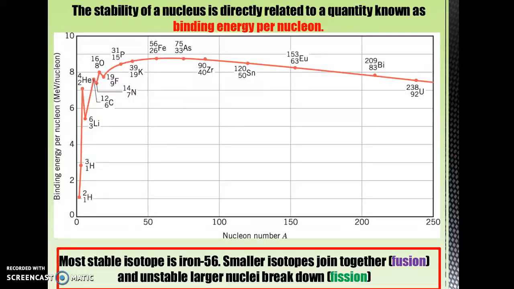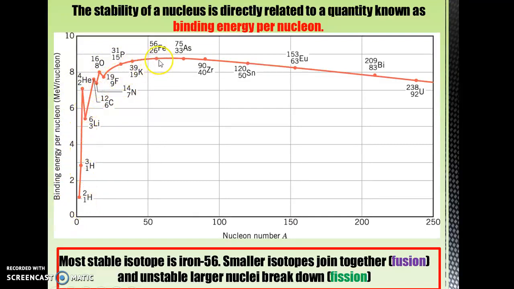But it's worth noting that on the periodic table, really heavy elements, or really heavy isotopes of elements, have a lower binding energy, and iron has the highest binding energy of all. And if you work from hydrogen up towards iron on the periodic table, these elements have a lower binding energy.